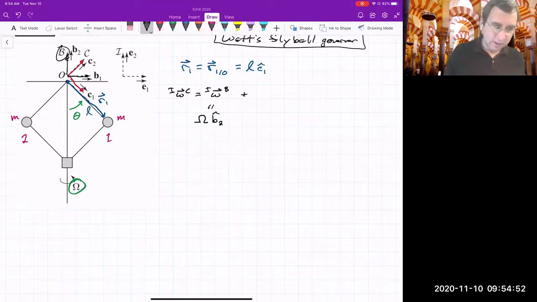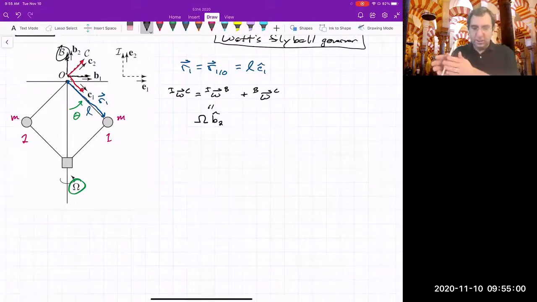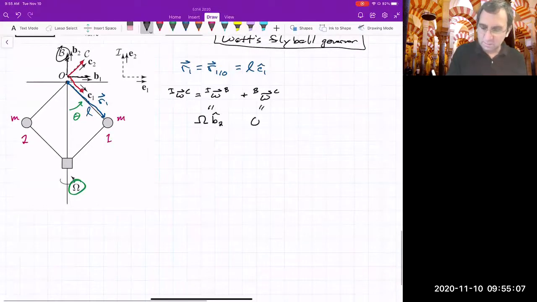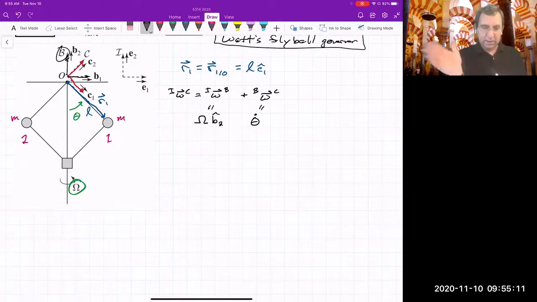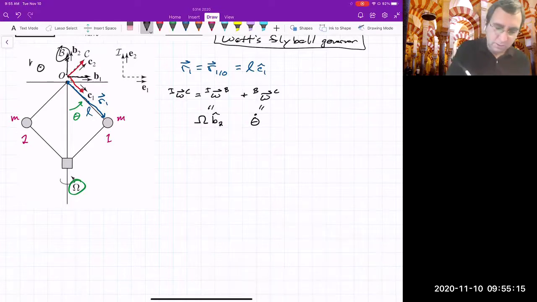Now we need to write the omega of the C frame with respect to the B frame. Those two frames are in the same plane, but the only difference is if theta were to change, that would lead to some rotation. So this is theta dot, and the axis would be the direction coming out of the screen, which is B3 or C3.